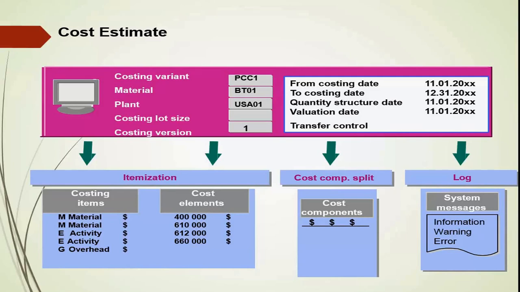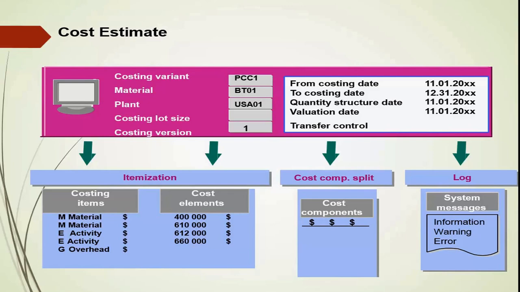Then for activity, one might have a labor activity, another might have machine hour activity, so you can plan that as well. Overhead you can also group according to cost elements, so you can see that in cost component split. We'll see this detail in our next section, which is totally dedicated to standard cost estimate.